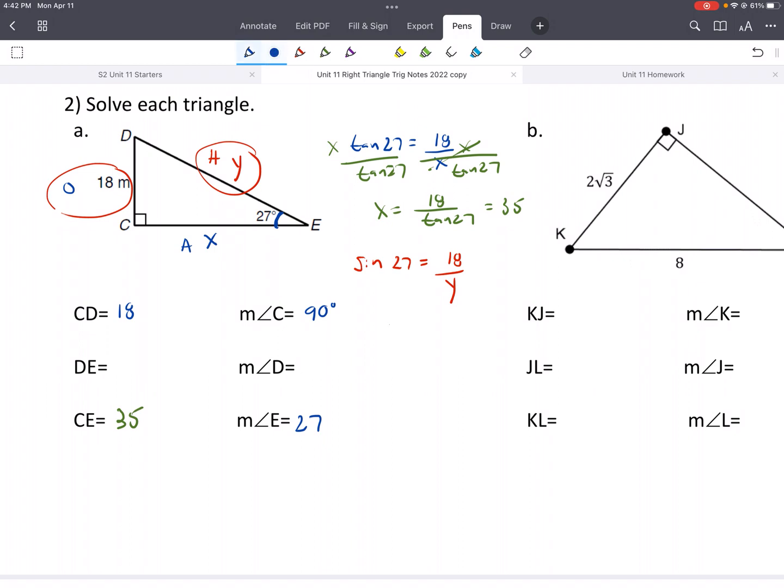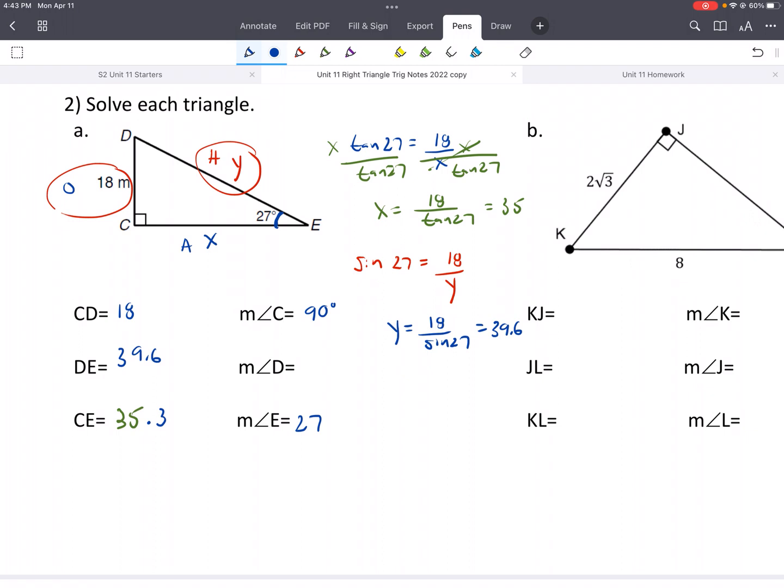Do the same sort of thing, we would get y is equal to 18 over sine of 27. So basically you do the exact same thing, it's just instead of using cosine or tangent, we're going to use sine. And I end up getting 39.6. I guess maybe if I put decimals here, this would be 35.3.